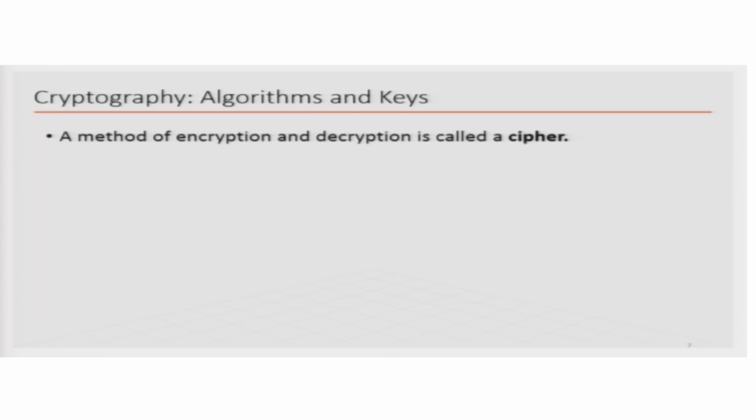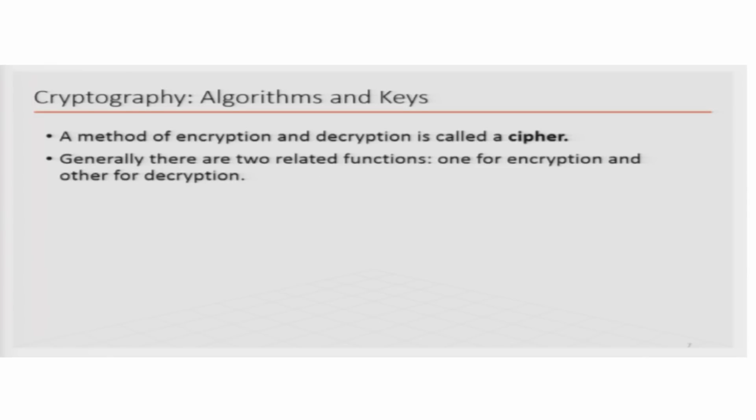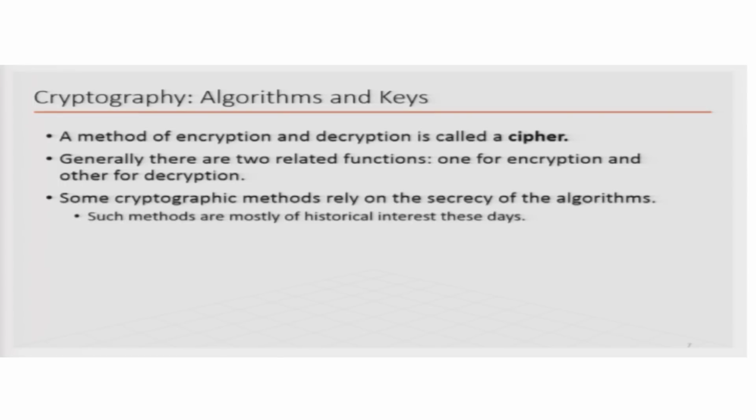So, in cryptography, as we said, the method of encryption and decryption is called a cipher. Generally there are two related functions, as we showed in the previous slide, one for encryption and one for decryption. And in the old days, how you encrypted and how you decrypted were kept secret, right.